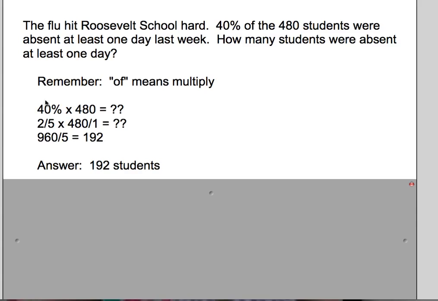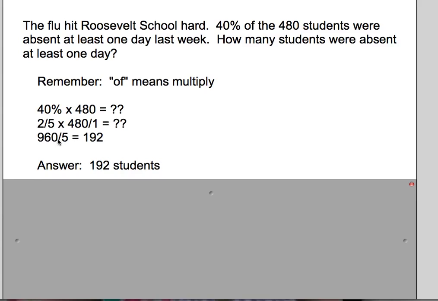Well, the first thing we need to do is change our 40% into a fraction. We were just working with 40%. 40 over 100, 4/10, 2/5. Okay, so I'm going to use 2/5 times 480 as a fraction, 480 over 1. 2 times 480 is 960. 5 times 1 is 5.